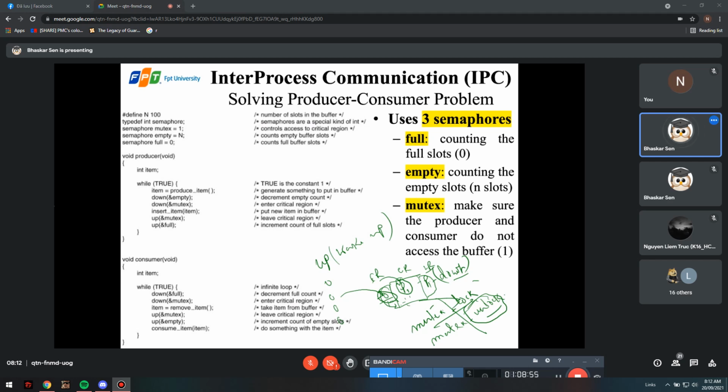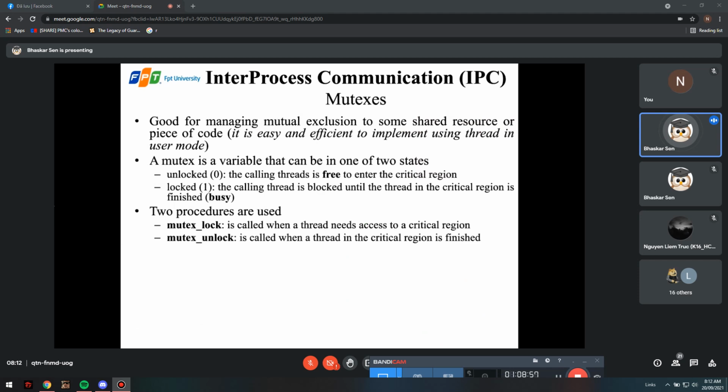So we come to the conclusion, basically, and as you can see right here, mutex lock and mutex unlock. Mutex lock is called when a thread needs access to a critical region, and mutex unlock is called when the critical region is finished. And it must get blocked. Okay? And it must give a wake-up call, and it must get blocked.